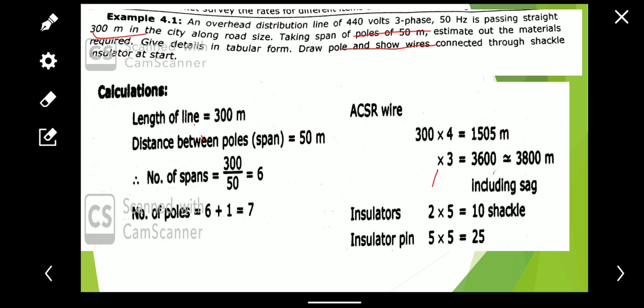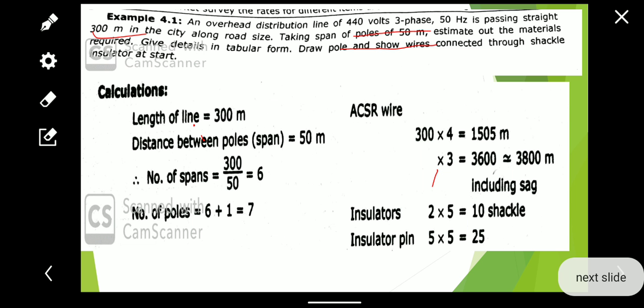Then ACSR conductor. So 300 meter into 4 wires is equal to 1200 meter. Then into 3, that means 3800 meter including the sag. Then insulator required 10, 5 into 2. So then pin insulator is also required 5 into 5.